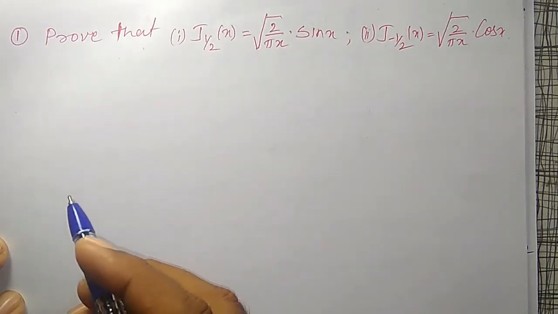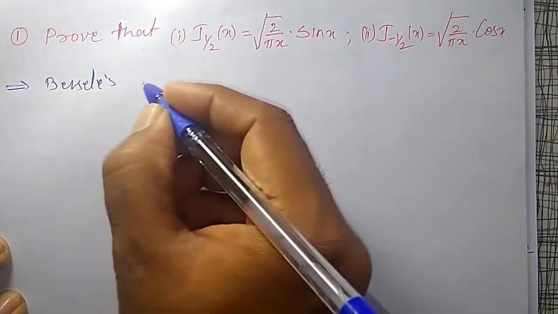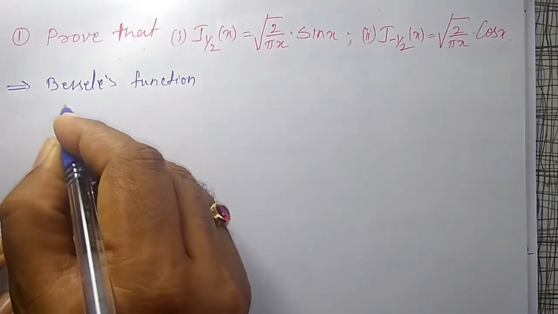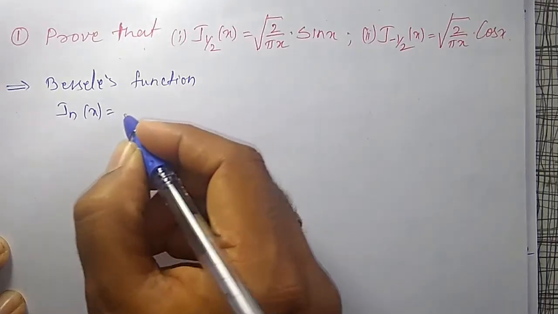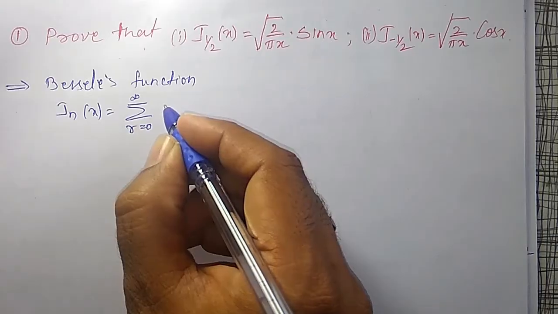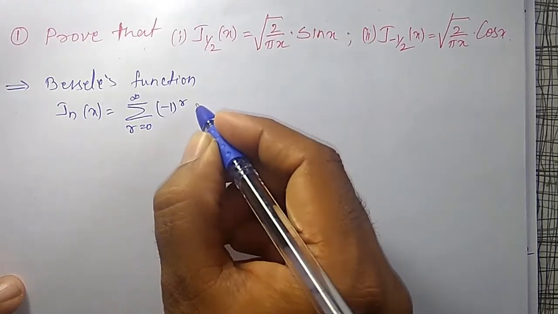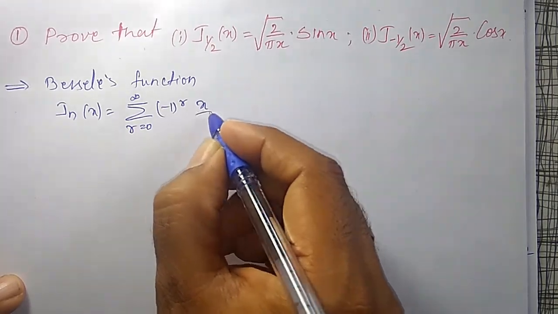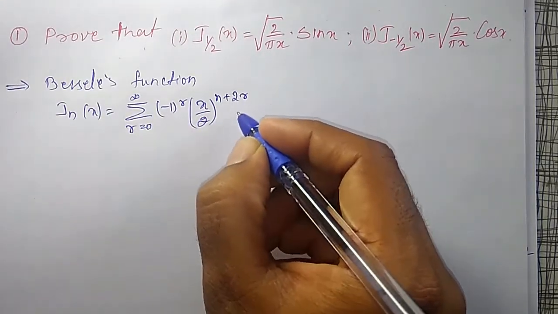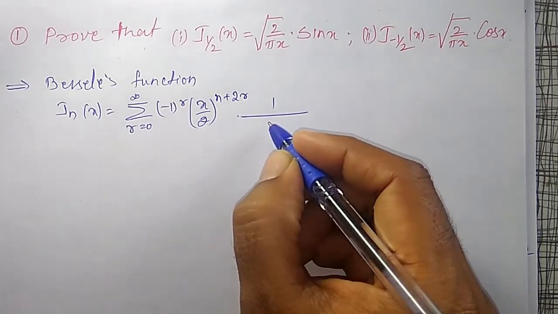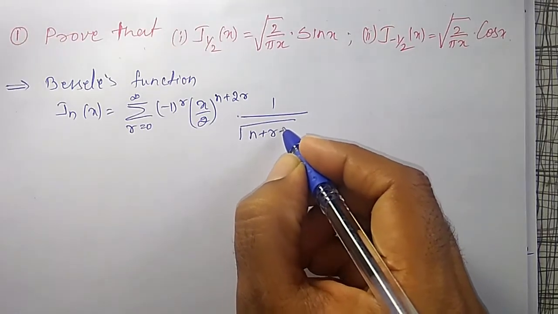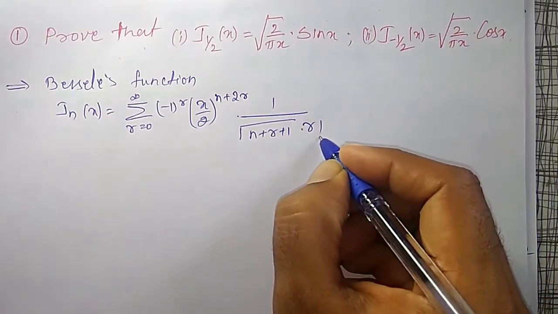That we are going to define as Bessel's function Jn of x is equal to summation r equal to 0 to infinity, minus 1 to the power r, x by 2 to the power n plus 2r, into 1 divided by gamma function of n plus r plus 1 into r factorial.